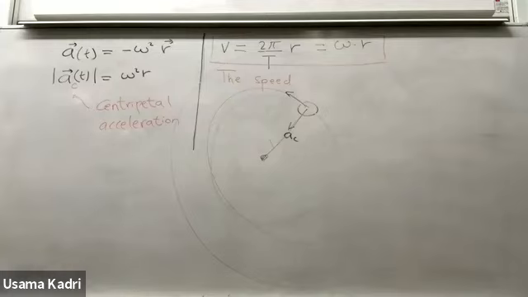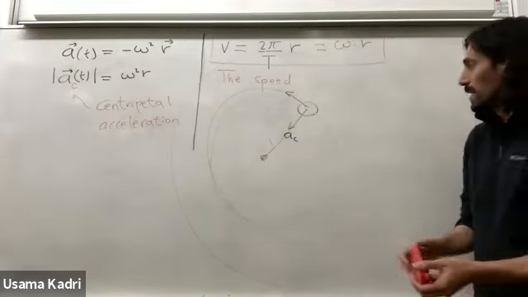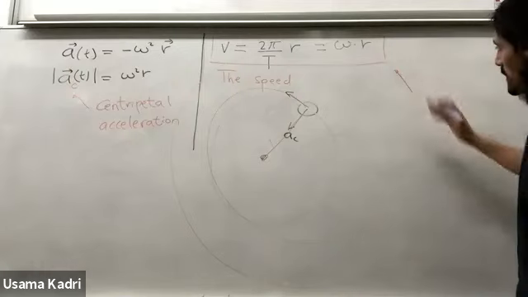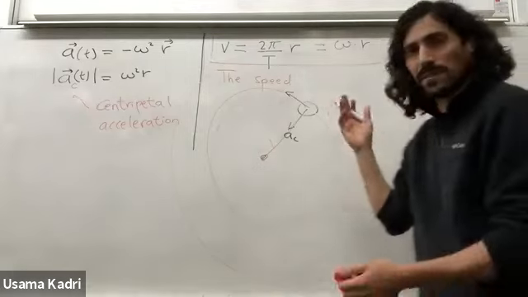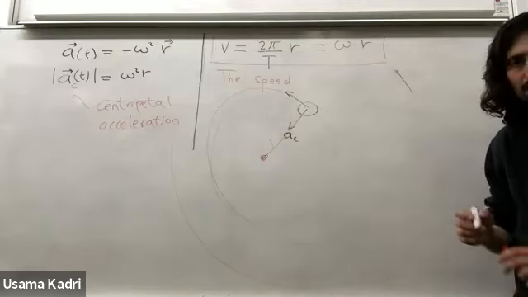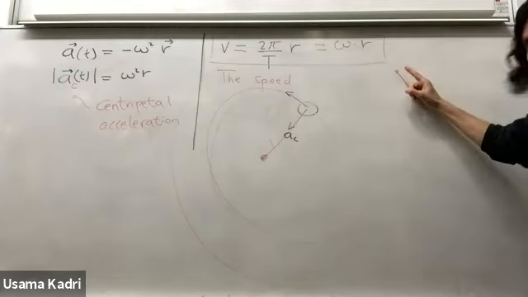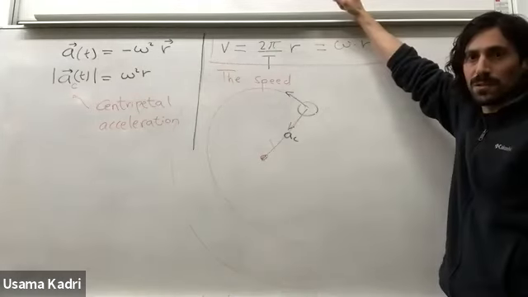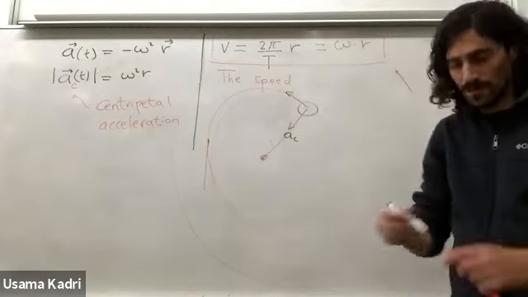But this cannot be true, and I hope now you see this. Why? If it's making this kind of spiral motion, it means that the velocity vector is changing direction. If it's changing direction, it means that there is still some centripetal acceleration acting upon it. If there is no centripetal acceleration acting upon it at this point, then it would have to go forever in that direction. If it was here at this point, it would go straight downwards.